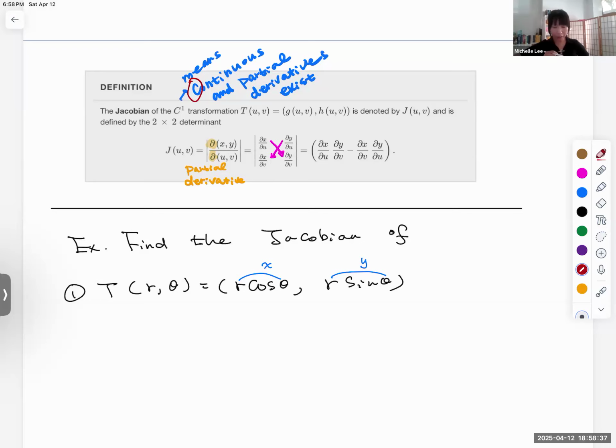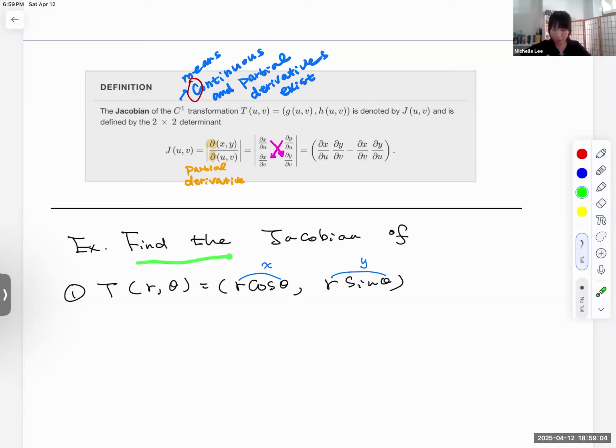Partial derivatives, and then we multiply this way, minus this way. So we are using the Jacobian later on when we use integration, all right?